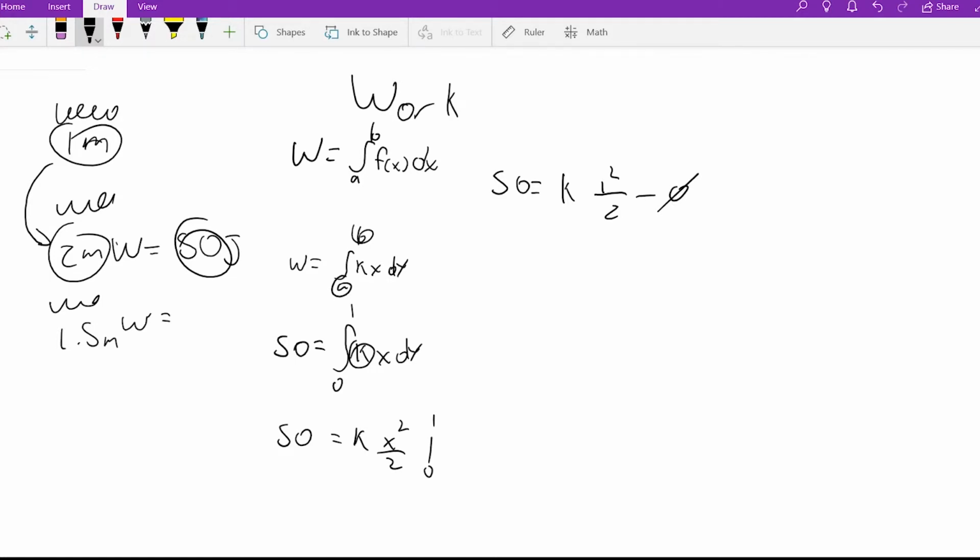So we're turning here that 50 is equal to k times 1/2. 100 is equal to k.